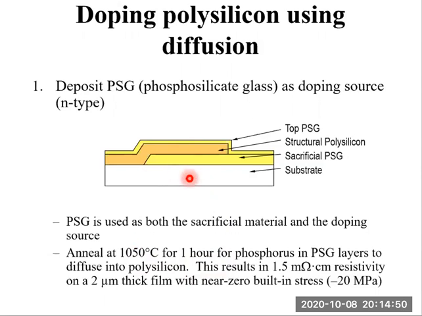This doping is caused by diffusion. And this results in a 1.5 milliohm centimeter resistivity on a 2 micron thick film with a near zero built-in stress. So the high temperature annealing also reduces the built-in stress of the polysilicon.